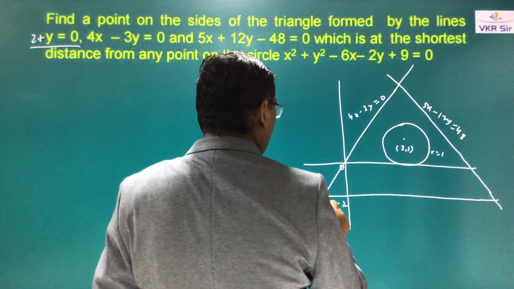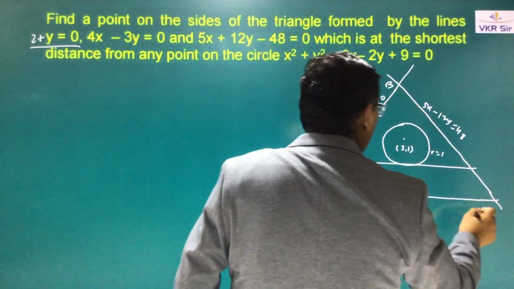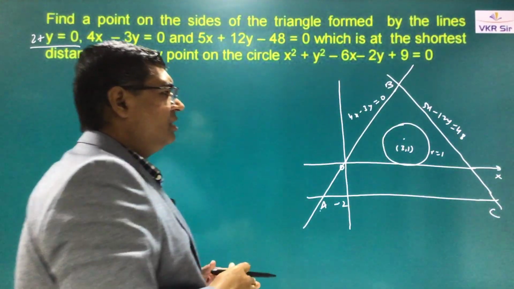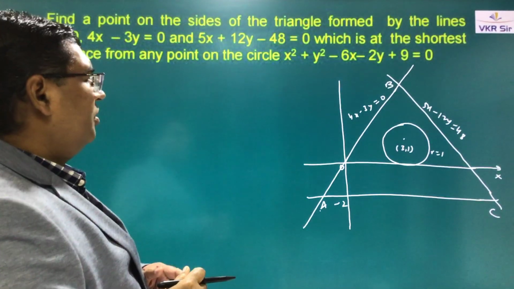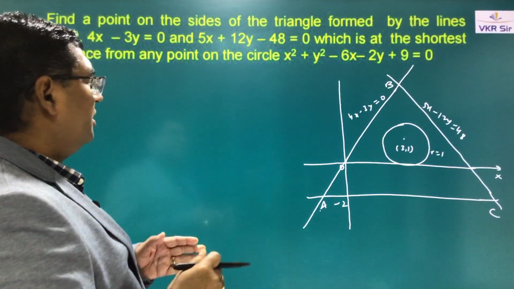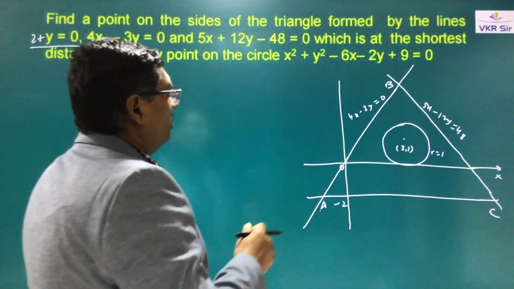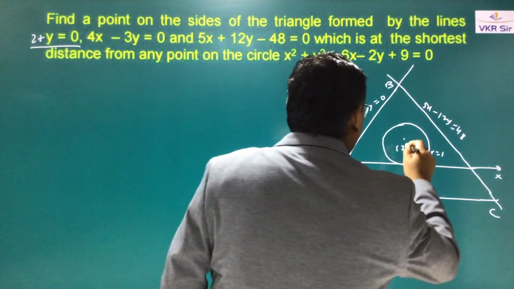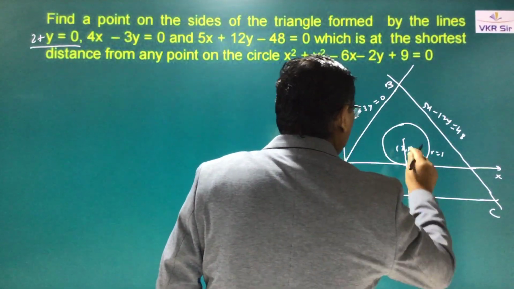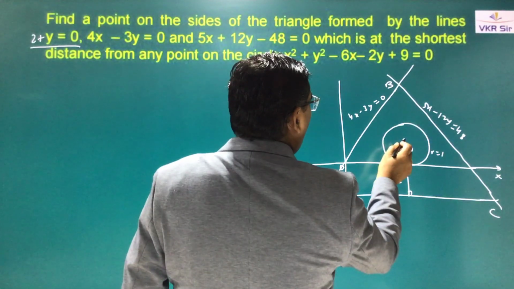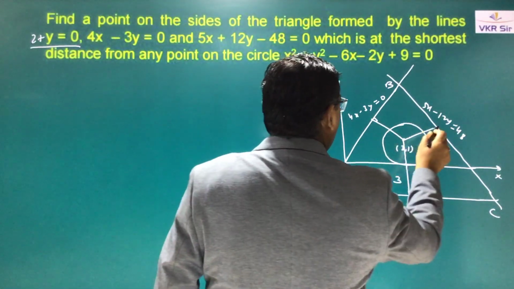This is triangle A, B, C. And what we are looking for is the shortest distance of the circle from the lines. Now we have to choose which distance is shortest. Now obviously this is very easy to find out. This distance is equal to 1 plus this 2, that is this distance is totally 3 here. We will find out this distance as well as this distance.